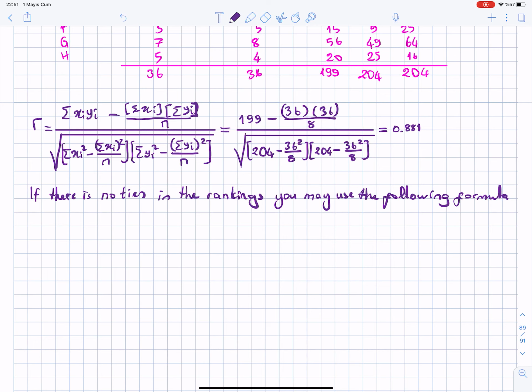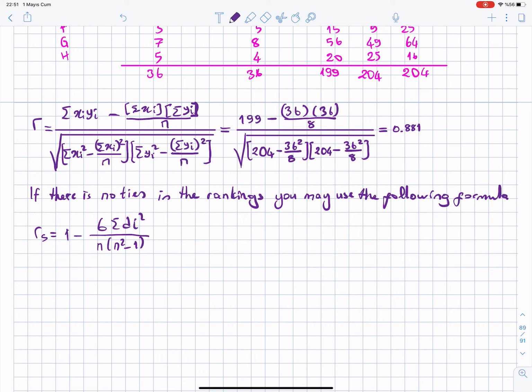The Spearman formula is r equals 1 minus 6 times the sum of di squared, divided by n times n squared minus 1.